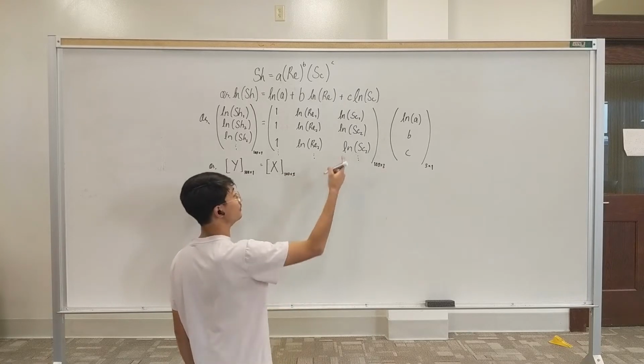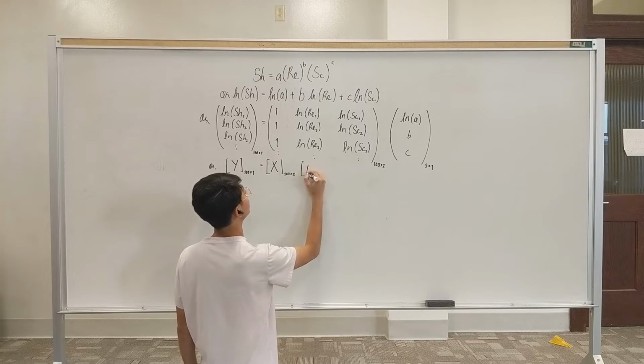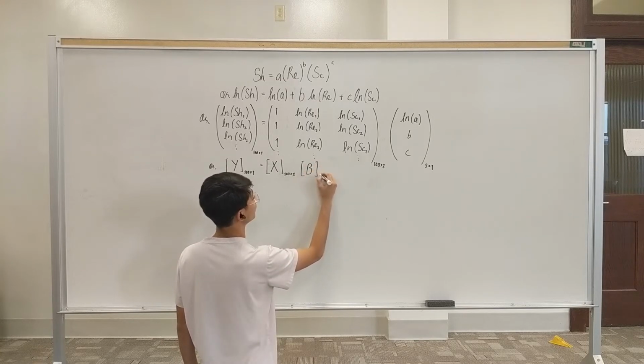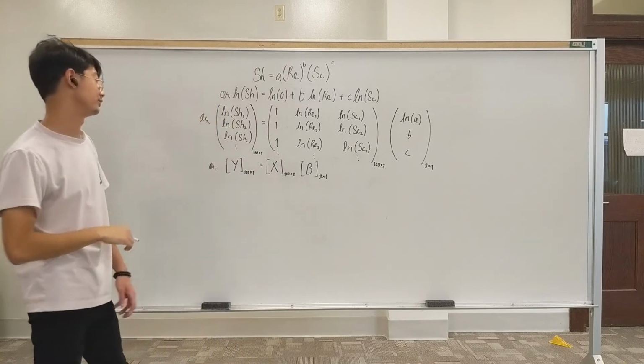And our variables, our unknowns, I will be representing by the letter B. And that's 3 by 1. So we have this relationship going on.